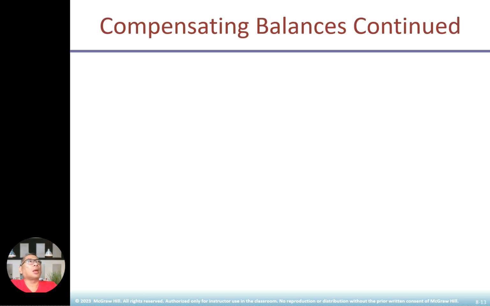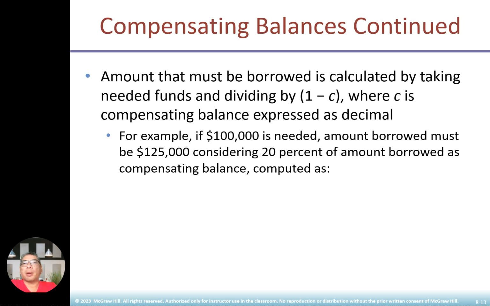In terms of borrowing, the amount that must be borrowed is calculated by taking needed funds and dividing by 1 minus C, where C is the compensating balance expressed as a decimal. Example, if 100,000 is needed, the amount borrowed must be 125,000, considering 20% of the loan borrowed is compensating balance. It is computed as follows.